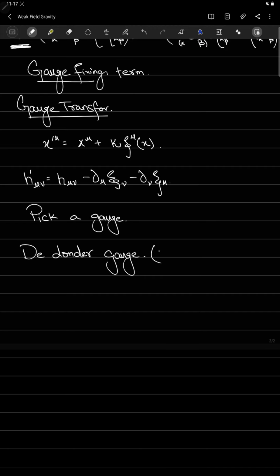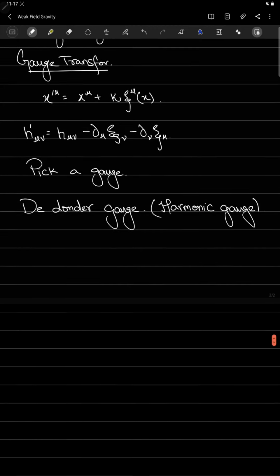You can also refer to it as harmonic gauge, by the way. So they are the same thing. And it is defined by a relation that is partial mu h mu nu minus 1 by 2 partial nu h lambda lambda vanishes, right? So it's defined by this relation.